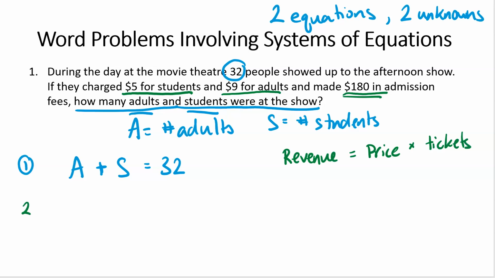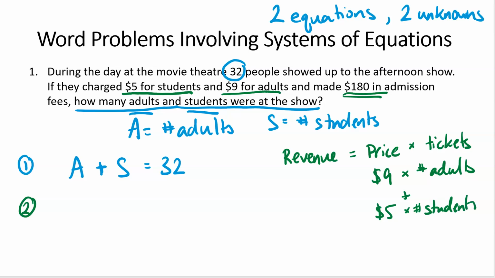Applying that to what we'll call equation 2 here, we're told that adults were charged $9. So in that case, the price for adults was $9. And then you have to multiply that by the number of adults that showed up. But then you also have student tickets, and students were charged $5. And then you would multiply that by the number of students who bought the tickets.